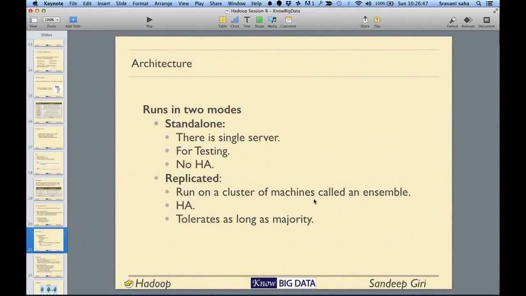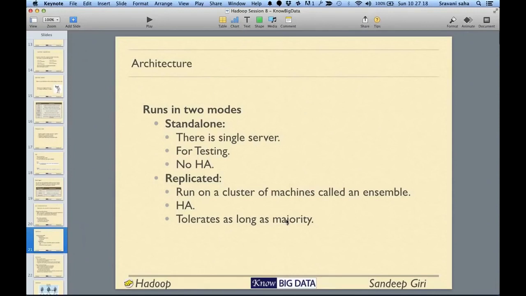It runs on a cluster of machines called an ensemble. All the machines you designate for running Zookeeper are called the ensemble, and it is highly available. It tolerates failures as long as there is a majority. The moment less than a majority of machines are up, it goes down.